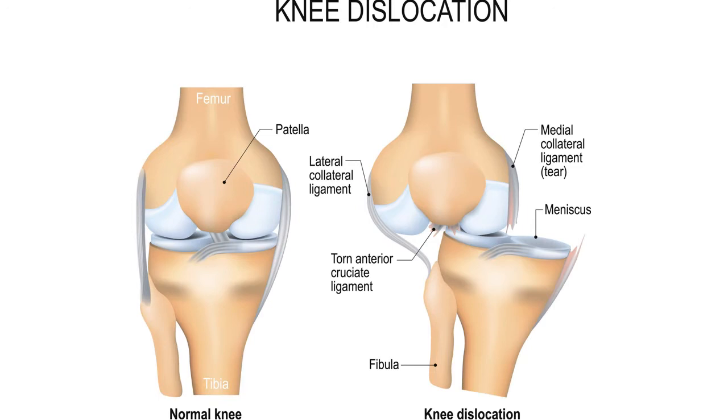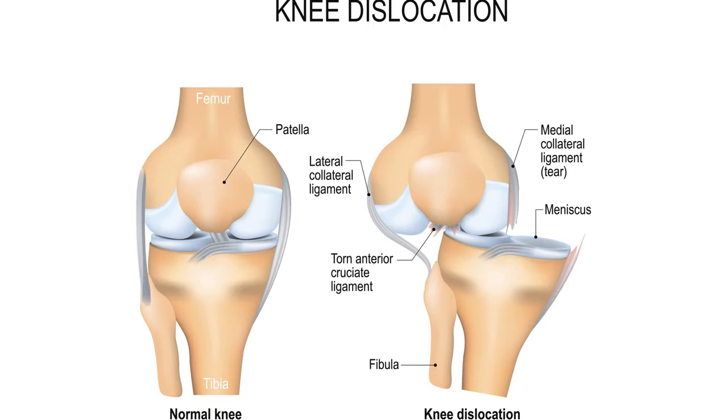So on the left side is a normal knee. On the right side, you've had some hit, probably on the tibia and fibula, knocking it medially and leaving the femur.